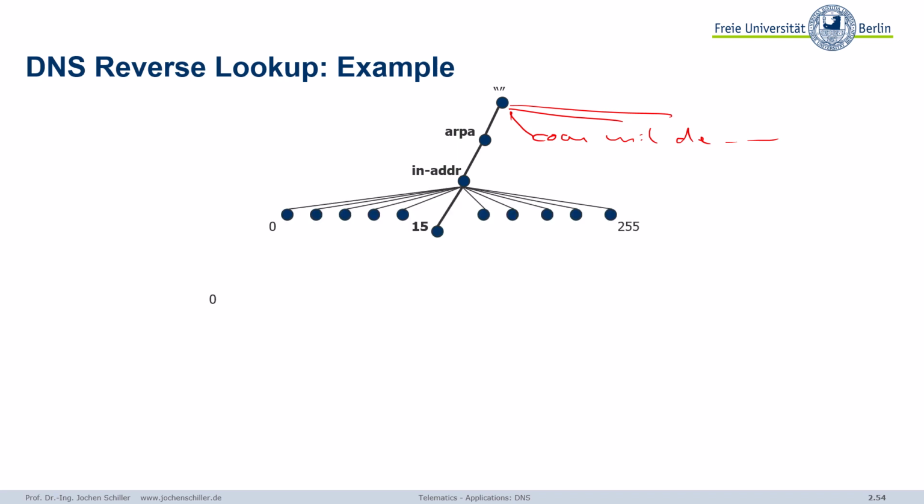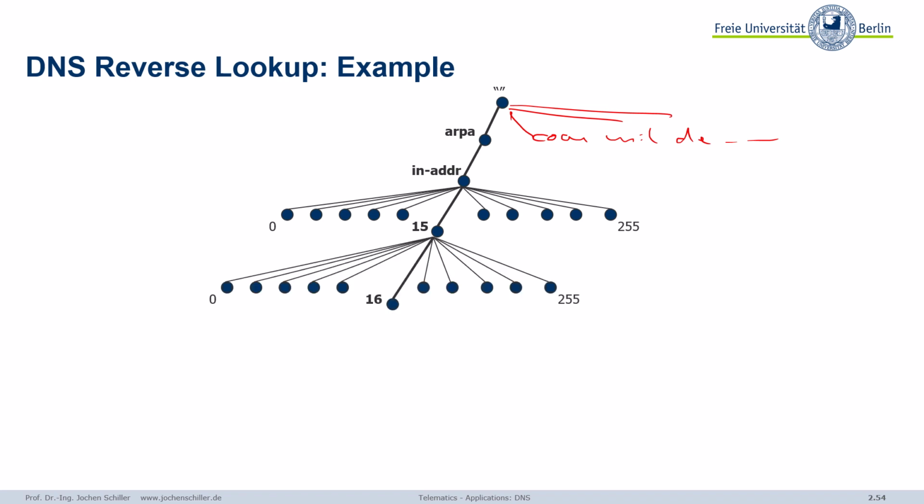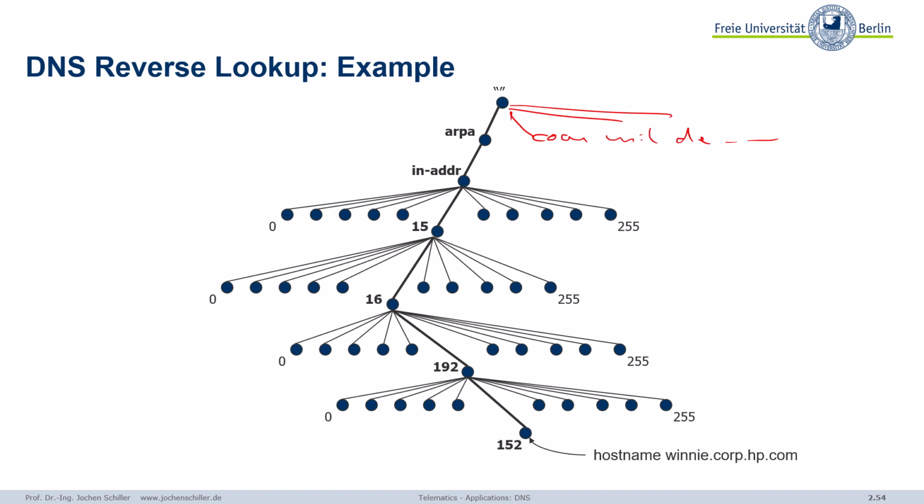Then the next level is exactly this subtree here, and then the next subtree, and the next subtree. And now level 4, because we have these 4-byte addresses, and there we attach the host name, for example, vinny.corp.hp.com. So we now know the computer, the name that belongs to an address.